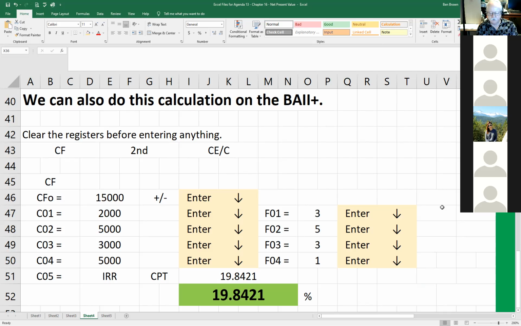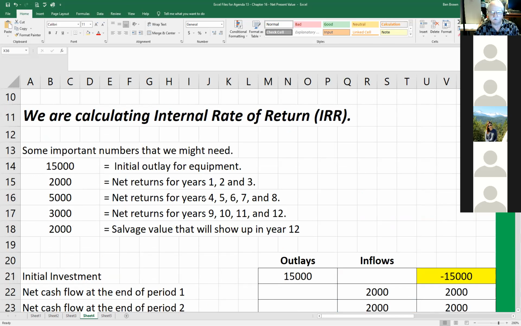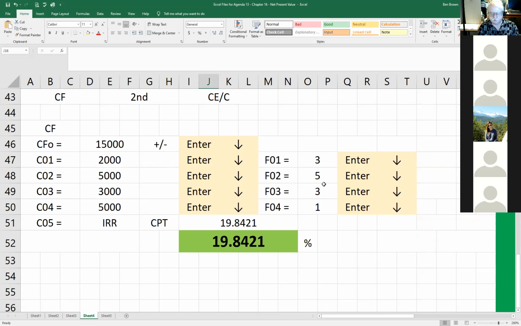Enter down. So the next cash flow is 5,000. Enter down because it's positive. And this happens 5 times, net returns for years 4, 5, 6, 7, and 8. So the frequency is 5. Enter down. And then 3,000.